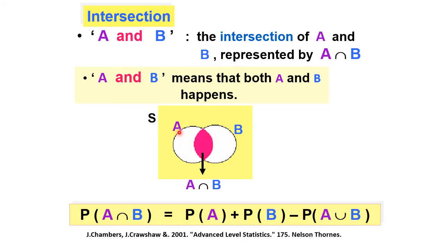Okay, so if we sketch a Venn diagram, remember Venn diagram. The first circle is event A, the second circle is event B. If the two circles overlap each other, this overlap region is what we call intersection. So the formula to find intersection is we combine together event A and event B, and then the intersection between these two.